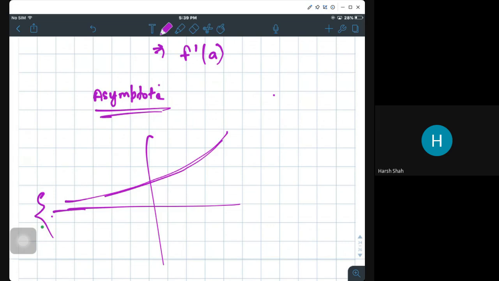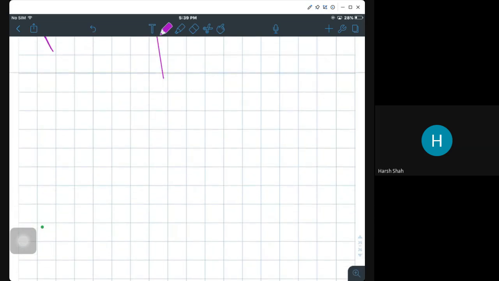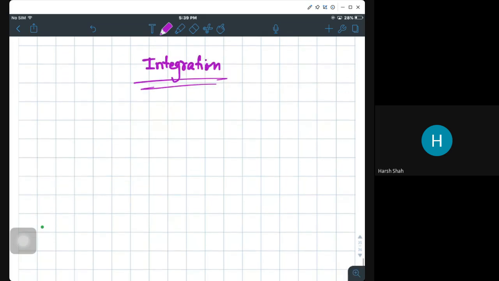Then the inverse of differentiation is integration. Integration is simple, it does not require any checks. The things that you need to remember: let us do it without limits first.